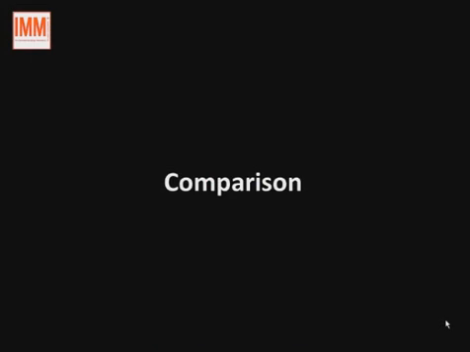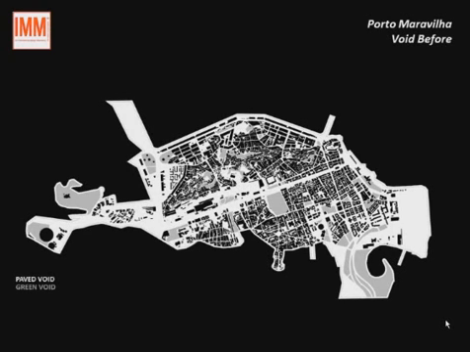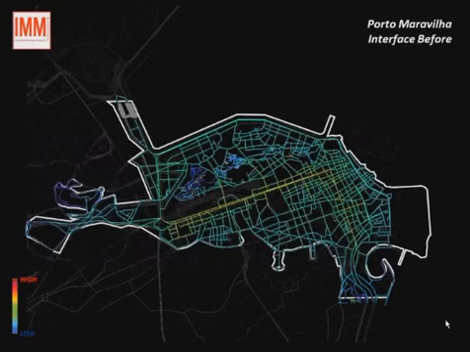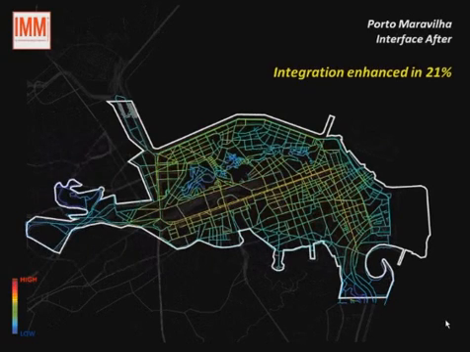Comparison. As a matter of comparison, recalculating the system, we detect an enhancement in the void layer of 4.4 more area available with the same build volume. Regarding the interface, it was possible to enhance its integration by 21%, which affects also the integration and the performance of the adjacent areas, such as the downtown, for example.